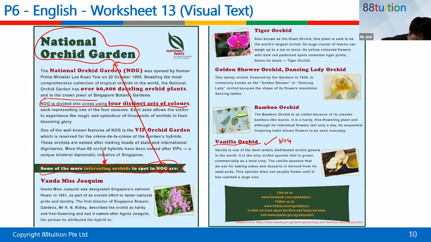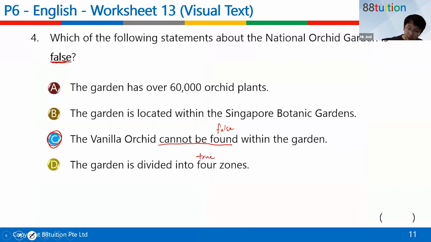So is it divided into zones? Yes, it's divided into zones. How many zones? 4 zones, because there are 4 colors, 1 color for each zone. It says using 4 distinct sets of colors. So we know that there are 4 zones because of the 4 colors that they talk about over here. So this is actually true, although you do need to go a bit deeper and think a little bit further to find out that this is true.